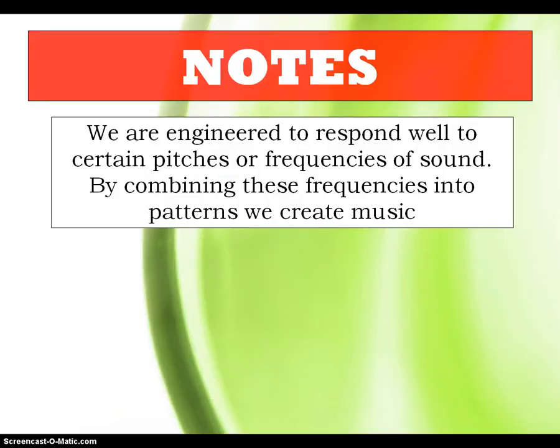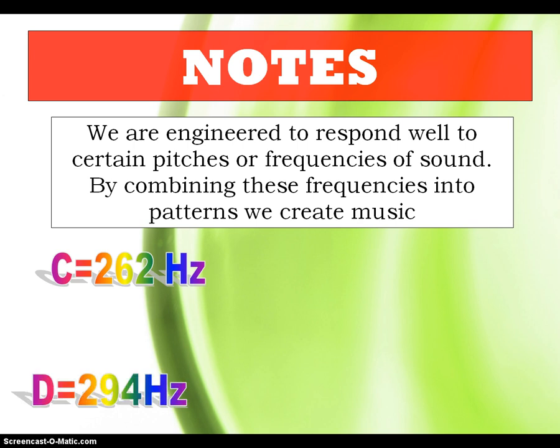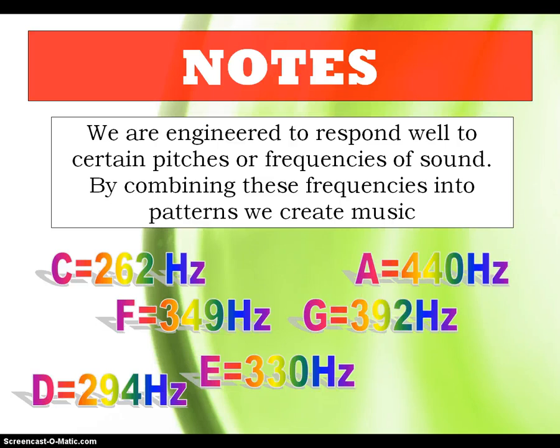In terms of music, if we go back and talk about notes, I mentioned in the last video that sound frequency is what pitch is. Well, frequency and pitch actually determine the note that a musical instrument is generating. So if you have a frequency of 262 hertz, that's the note C. 294 hertz is D, and so on and so forth.